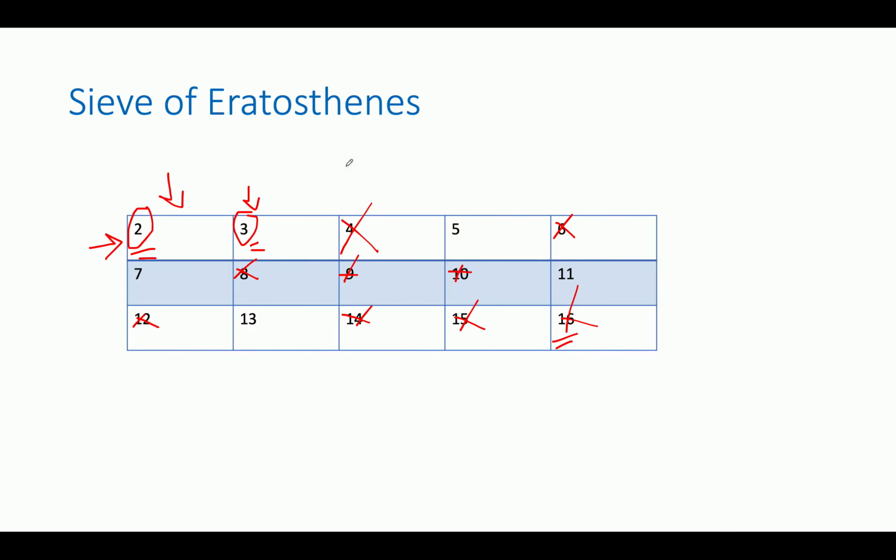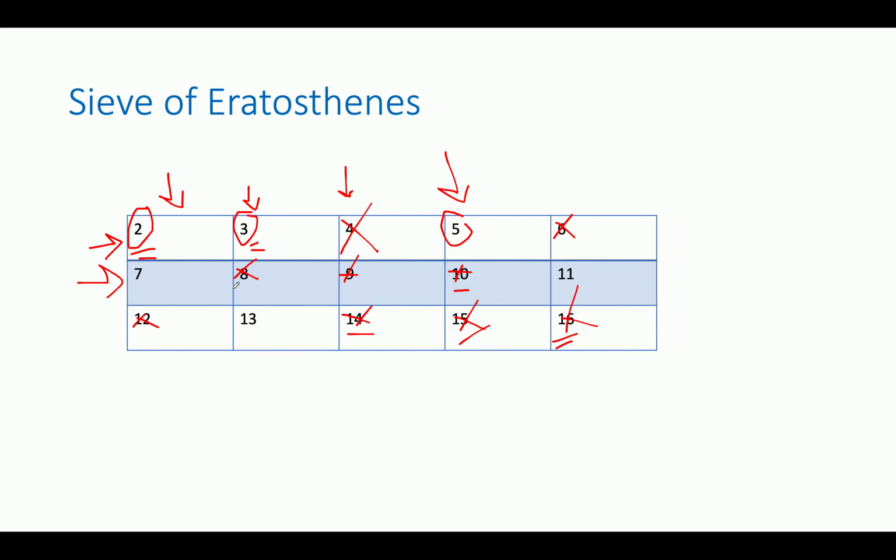Let's move on to the next iteration. There is no such number. Next comes 5. The number happens to be prime, and we'll delete all its factors. 10 is already gone, 15 is already gone. Great. Let's move on to the next iteration. We got 7, and 7 is also a prime number. We'll delete all its factors. 14 is gone. Great.